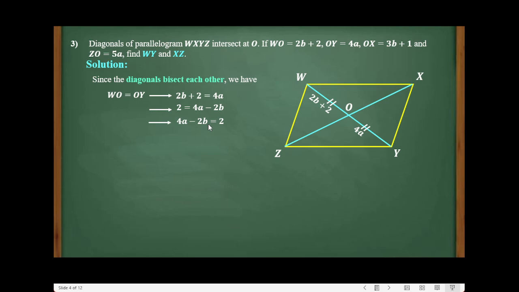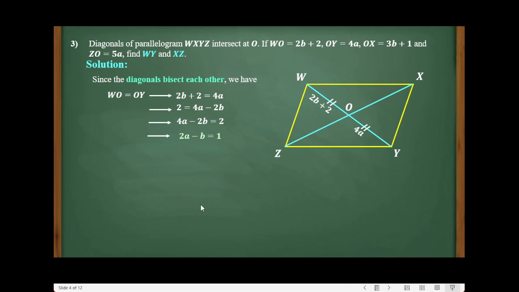Or we apply what? The symmetric property, which means that we interchange the position of the left and right side in order to rewrite this equation to the form of two terms on the left and the constant term to the right.